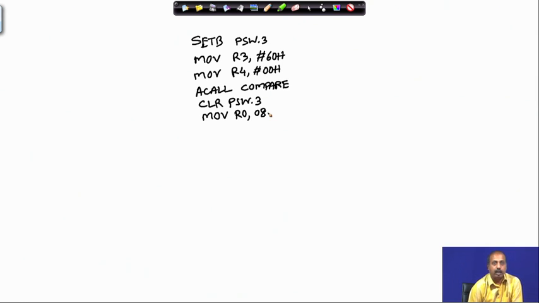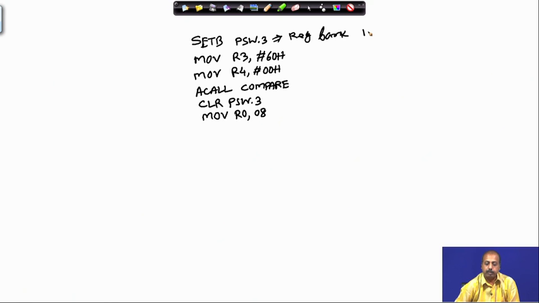The result should be in R0, and by setting this PSW.3 bit to 1, it is expected that it is going to register bank 1. So, the basic program is working with register bank 0, and the subprograms will be working with register bank 1. Register bank 1 starts with address 8.